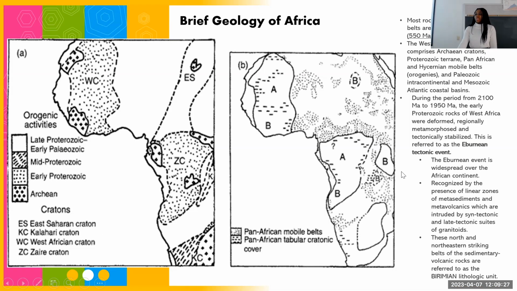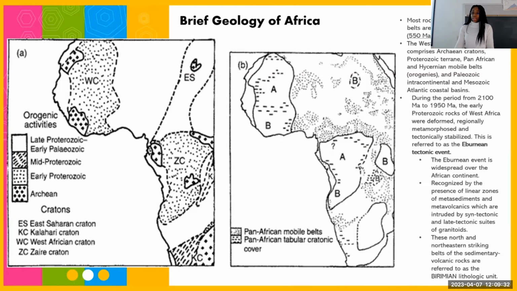Most rocks in the African mobile belts, again, the orogenic events, they're of the Pan-African age, so 550 million years. In particular, the West African subregion, so this area right here on these maps, they comprise of Archean cratons, Proterozoic terrain, Pan-African and Hercynian mobile belts, orogenies, and Paleozoic intracontinental and Mesozoic Atlantic coastal basins.